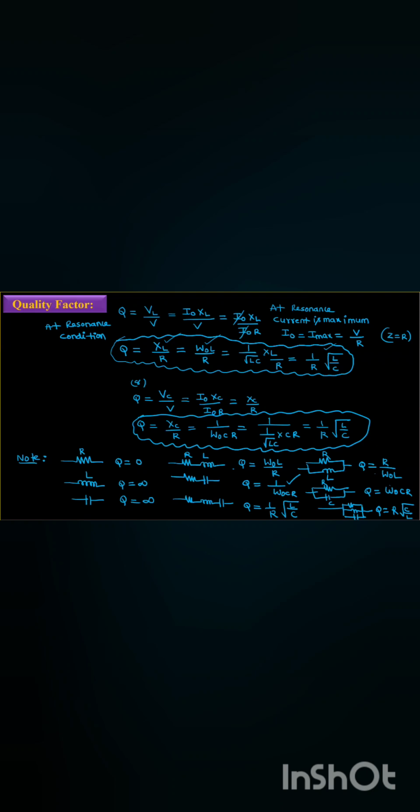But a point to remember, students: coils can be high quality factor coils, low quality factor coils, or medium Q coils. How to identify? Based on quality factor, the coils are classified into three types. One is low Q coils: if the quality factor is less than or equal to 1.